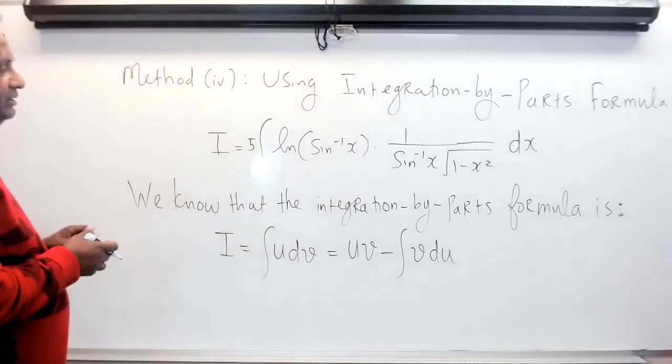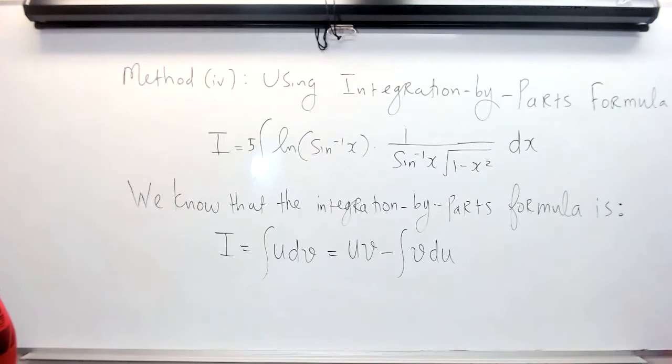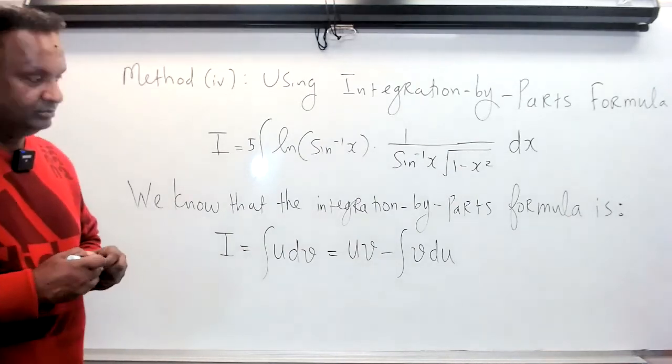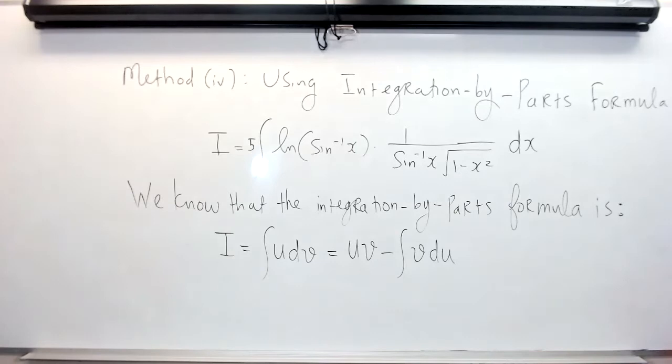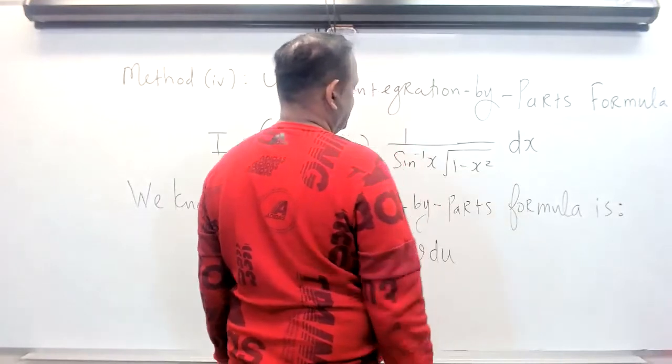So you can think about getting u, then uv, then dv, 1 over sine inverse x. Which one?